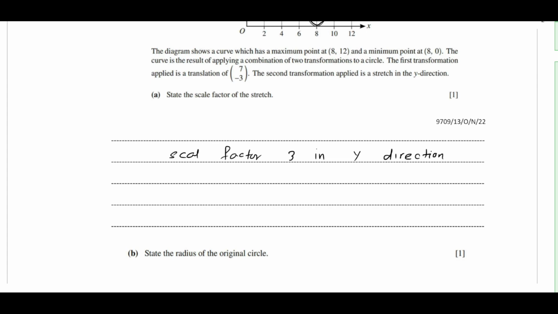The first translation applied is the translation of 7, minus 3. So we reverse it: we go 7 units left and 3 units up. 7 units left will bring me to 1 and 3 units up will move me from 2 to 5. So 1, 5 will be your result.